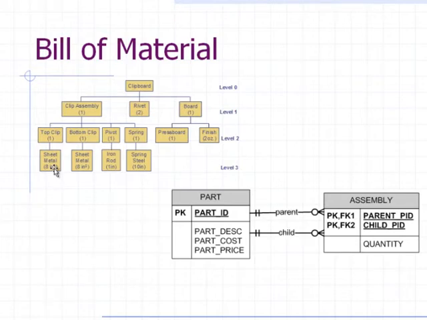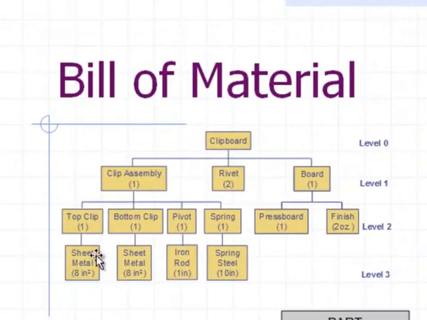And if you consider this relationship of part as a parent and a child, one item, for example, sheet metal is here and the sheet metal is there. So the same instance, sheet metal, can be used as a child in two different cases.